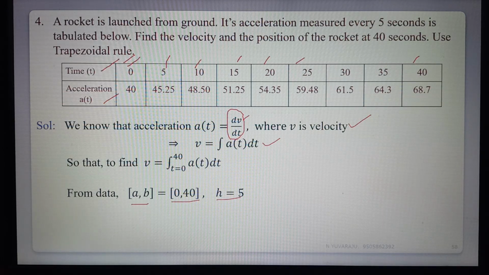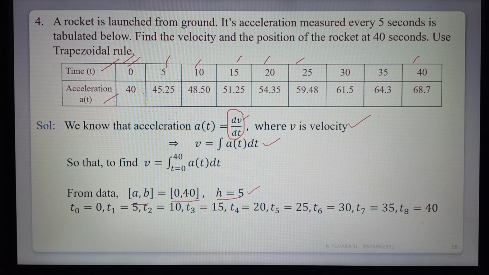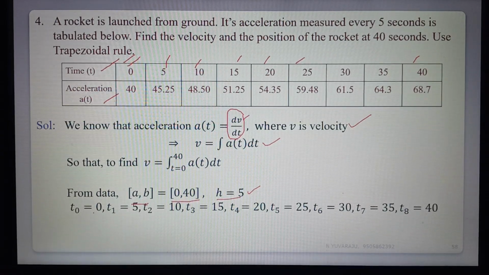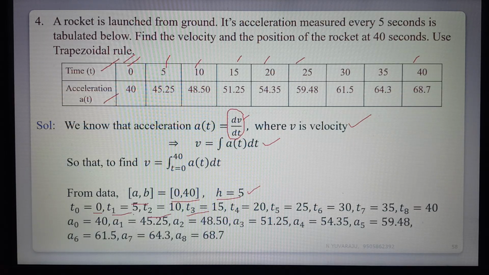The length of each subinterval is 5 seconds, so the step length is 5. Here the x values are the times: t0 is 0, t1 is 5, t2 is 10, t3 is 15, t4 is 20, t5 is 25, t6 is 30, t7 is 35, t8 is 40.